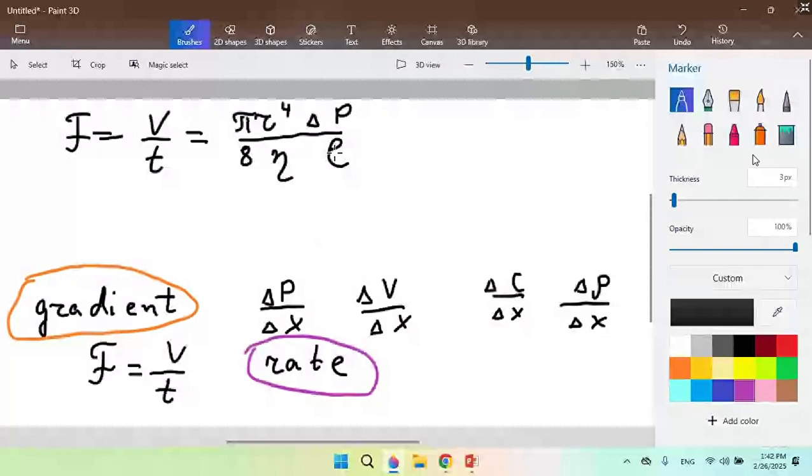How much volume flows per unit time, as you see in the law, depends on the radius of the tube, on the length of the tube, on the pressure gradient, which is the driving force that makes the fluid move through the tube, and on the viscosity of the fluid.